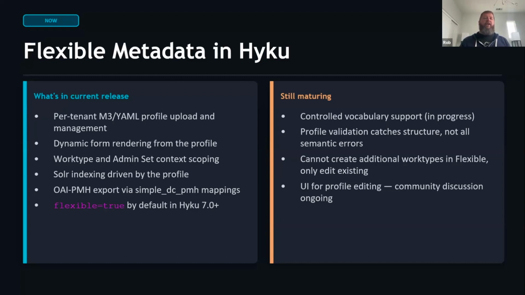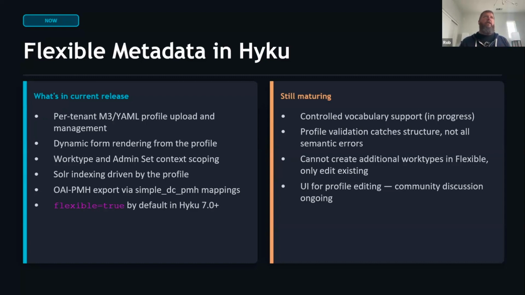So, all of the different things you used to have to change to add a new property to, let's say, an ActiveFedora Hyrax 4.0 work type, you had to change 17 files. And now you can just add that property to your metadata profile and then use the new property. It also means that we have versioned metadata.